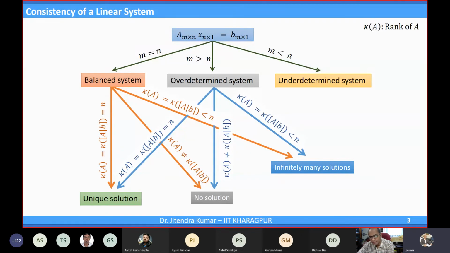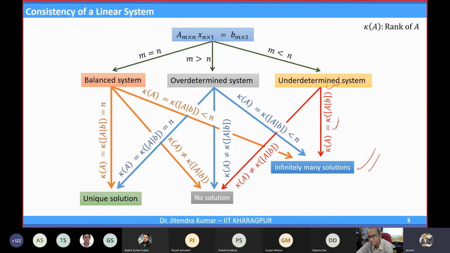And for the case of an underdetermined system, when n is larger than m, we basically have two cases, because the first one cannot happen. A unique solution cannot happen. Either these two ranks are equal or they are not equal. When they are equal, it is definitely less than n. This is a case where you have infinitely many solutions.